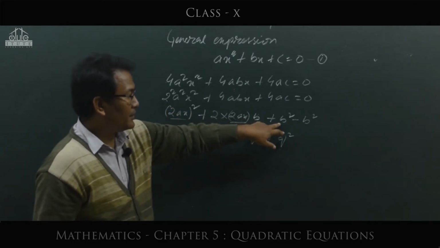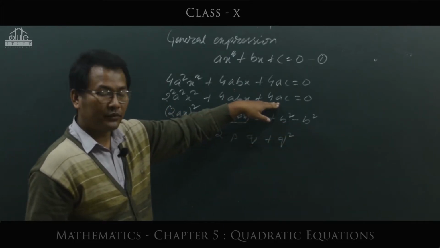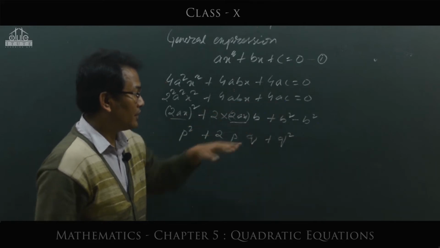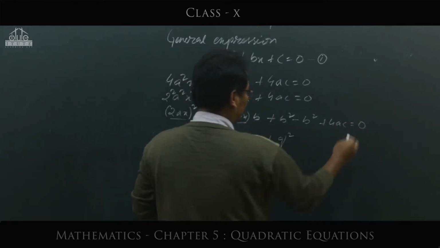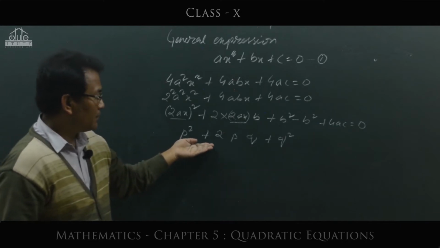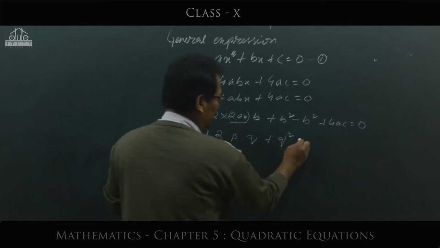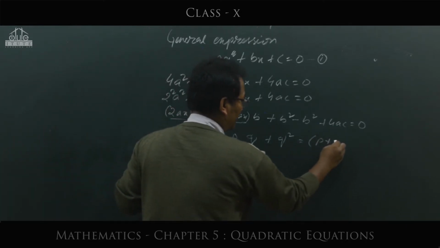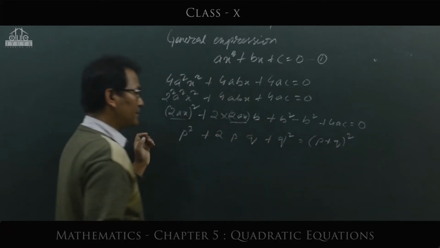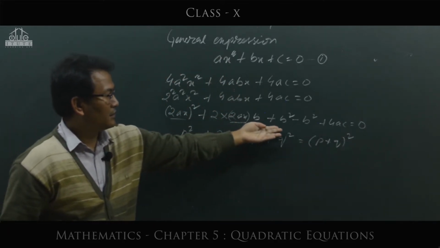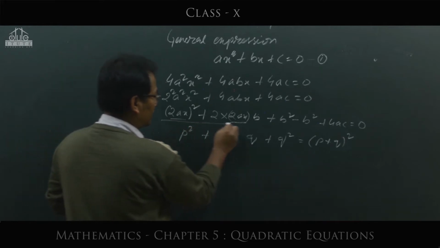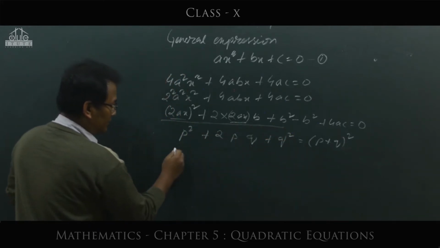I am removing b square because it is not there in the previous equation, but what is there? Plus 4ac is there, so I'll add plus 4ac, this is equal to 0. Now p square plus twice of pq plus q square is equal to p plus q whole square, our algebraic expression. You will see this expression is present here till this part, so I'll use this algebraic expression to express it.